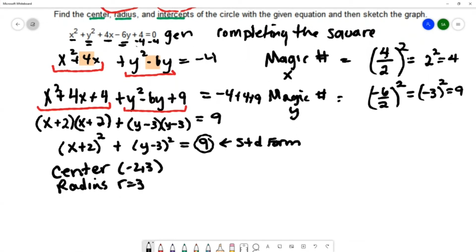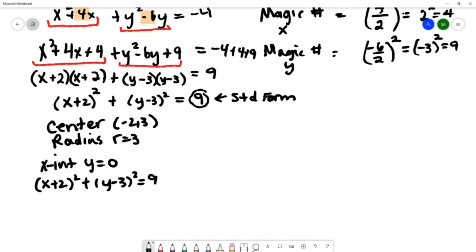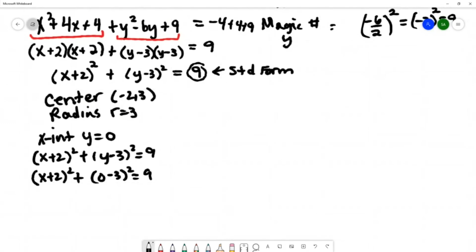We find an x-intercept by letting y equal 0. So we've got our equation of the circle being x plus 2 squared plus y minus 3 squared equals 9. And I'm going to let the y equal 0. That's x plus 2 squared plus 0 minus 3 squared equals 9. X plus 2 squared plus 0 minus 3 is negative 3.